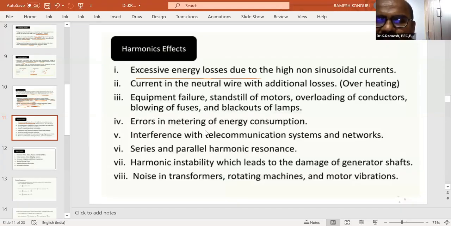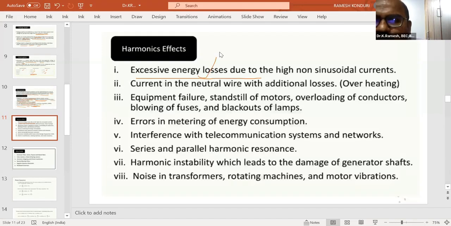The core losses are hysteresis and eddy current losses, so as the frequency of these harmonics increases, the corresponding energy losses increase.